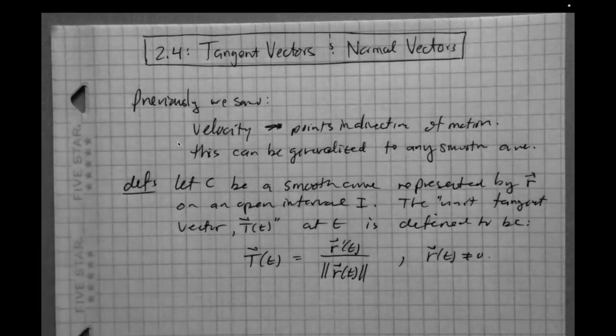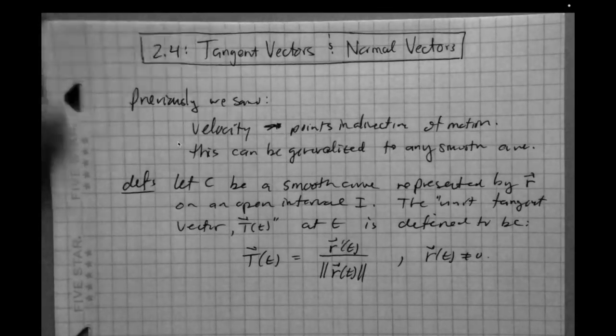Can't divide by 0. So that's the definition of the unit tangent vector of a function. Let's take a look at what we mean here with an example.